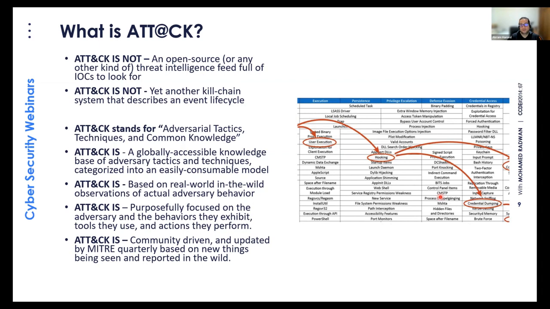Because signatures are good, but they are useless against something like zero-day attacks, right? Because if it's a zero-day attack, then it doesn't have any signature yet. So something like tactics and techniques is going to show you that something wrong is happening, even though there is no known signature for it.